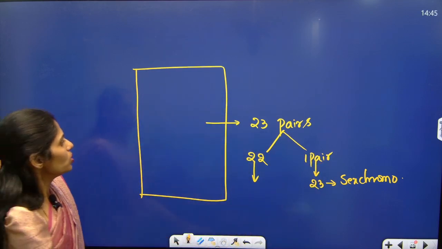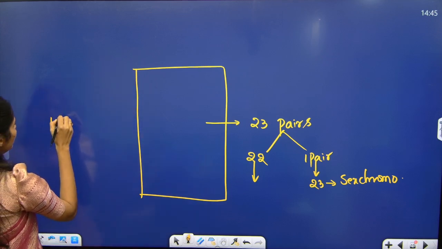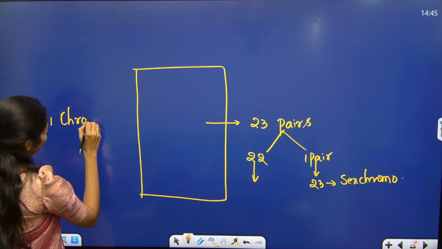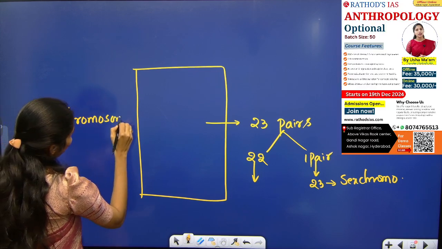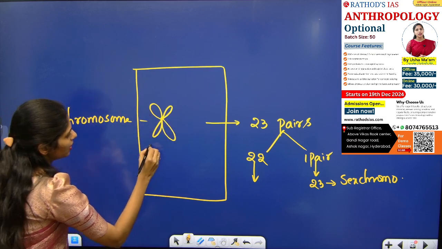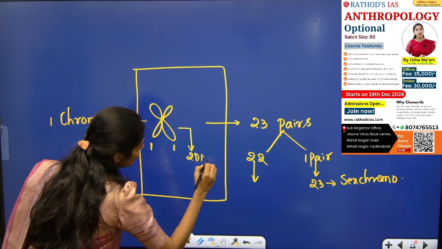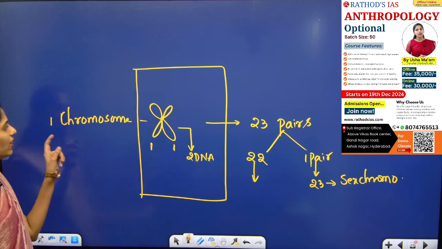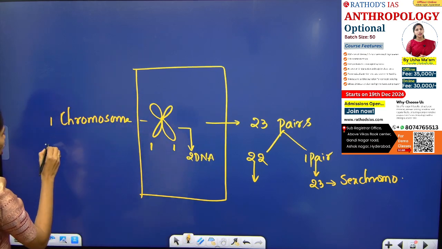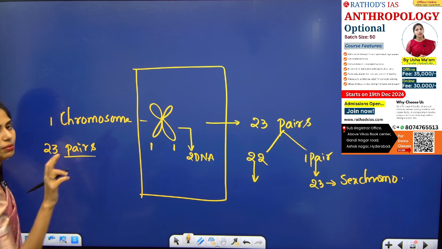Okay, so as I said in our earlier discussion, one chromosome has two chromatids. That means one DNA here, one DNA here. That means two DNAs in a single chromosome. How many pairs? We have 23 pairs. Pair means nothing but 2, right?